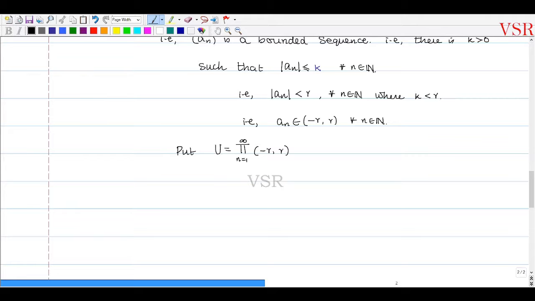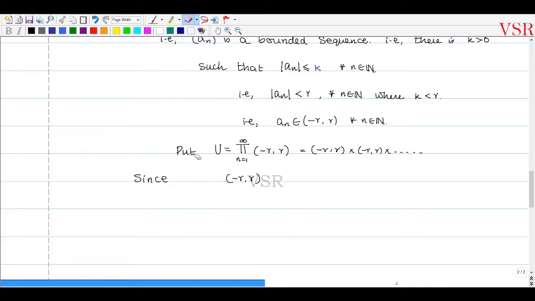That means this is minus r comma r cross minus r comma r cross and so on.